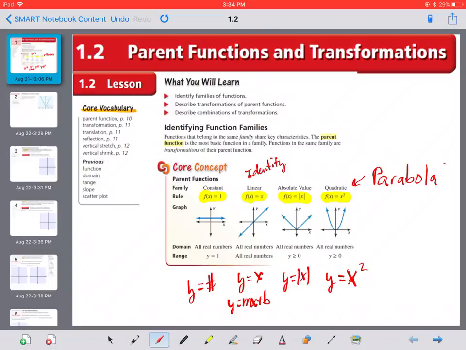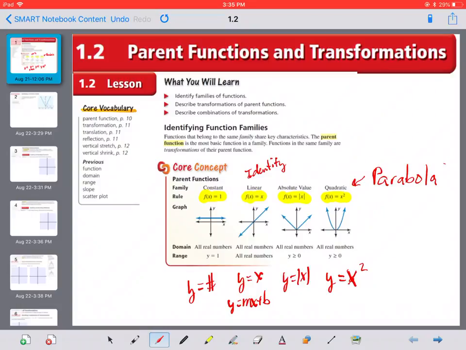It goes up by 2, 4, 8, 16, and so forth sometimes. So it's getting bigger faster, so it's a curved line. It does go left and right forever, so the domain is all real numbers. But the range stops at 0 and doesn't get any lower, so it's y greater than or equal to 0. It's all positive numbers, including 0.